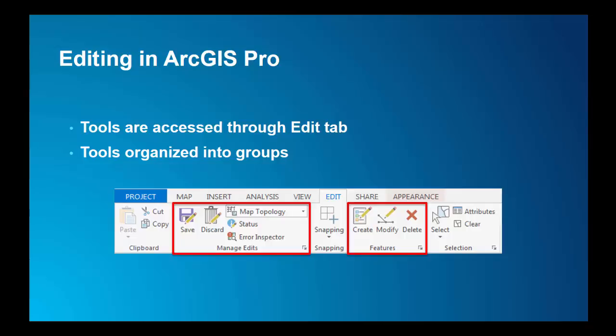And they're organized into groups to help you find related tools such as creating and modifying features, or something that's newly supported, enabling map and geodatabase topologies, and even managing your feature templates. So having tools grouped like this makes a ton of sense and actually removes the need for having multiple editing toolbars open on your map, cluttering your display.